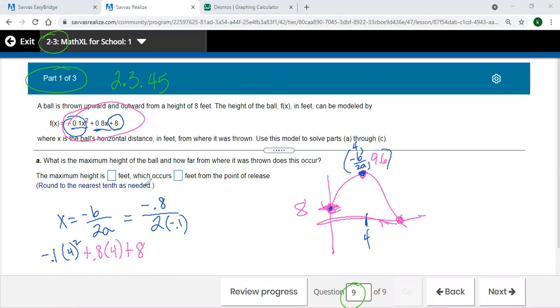So the maximum height is the second variable, the h, or like the y. So the maximum height is the 9.6 feet, which occurs blank feet from the point of release. The maximum height is 9.6 because that was our vertex.